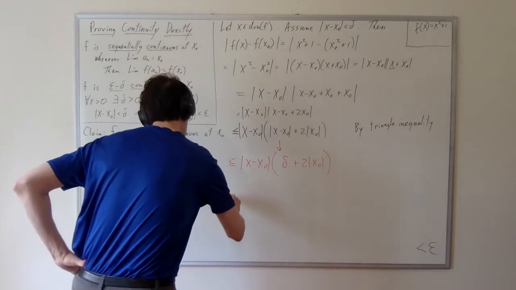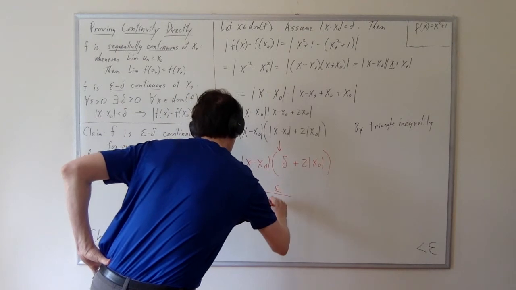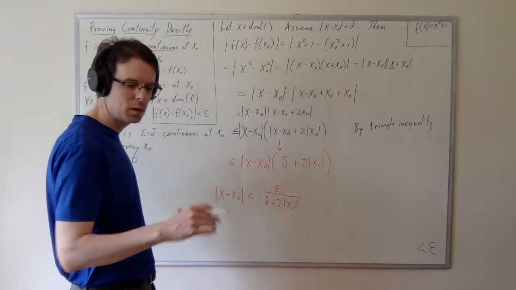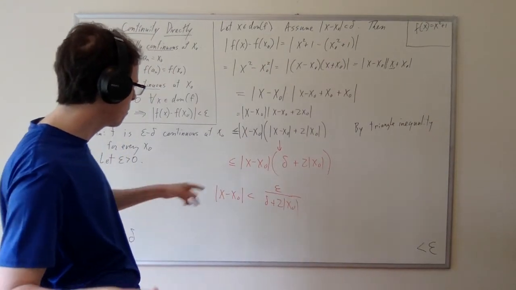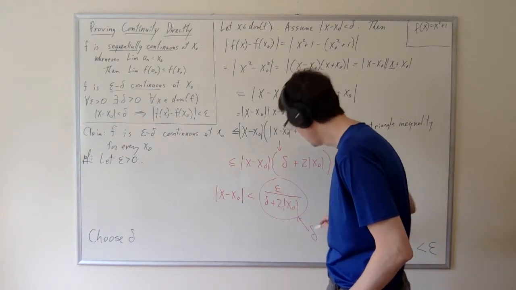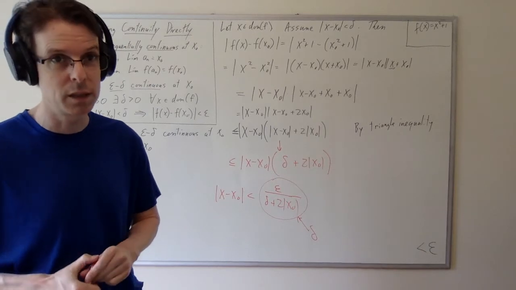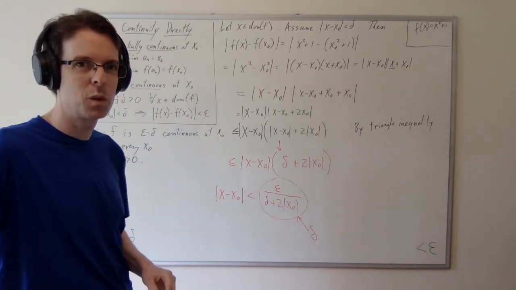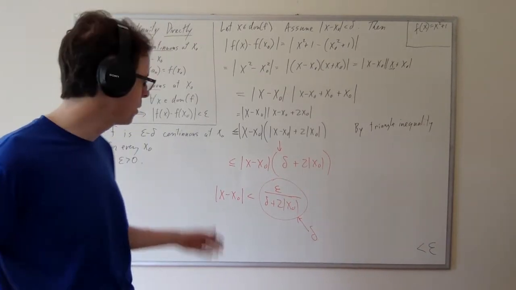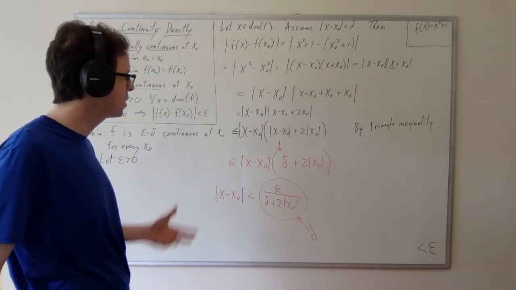But if I do, I'm going to get something like epsilon over delta plus 2|x naught|. Okay, so that's nice, but the problem is then I will try to assign this to be delta. And if delta can't depend upon x, then it certainly can't be chosen to depend upon the value of delta, right? I could get myself into a lot of circular problems this way. And so I can't choose delta to depend upon delta, and so this won't work either.